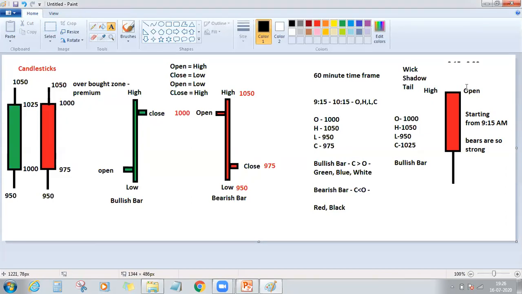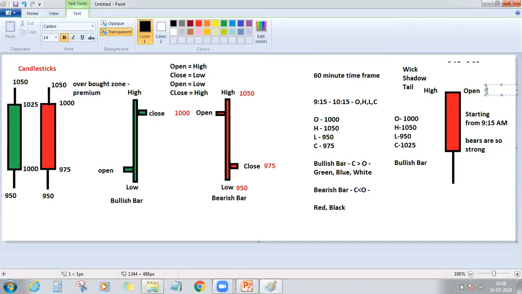So here the sellers think that open price itself is the right price that they should start and should start selling their shares or initiate a bearish trade. And here they feel that not 1000 but the highest price achieved is the premium price. Then they start to act.